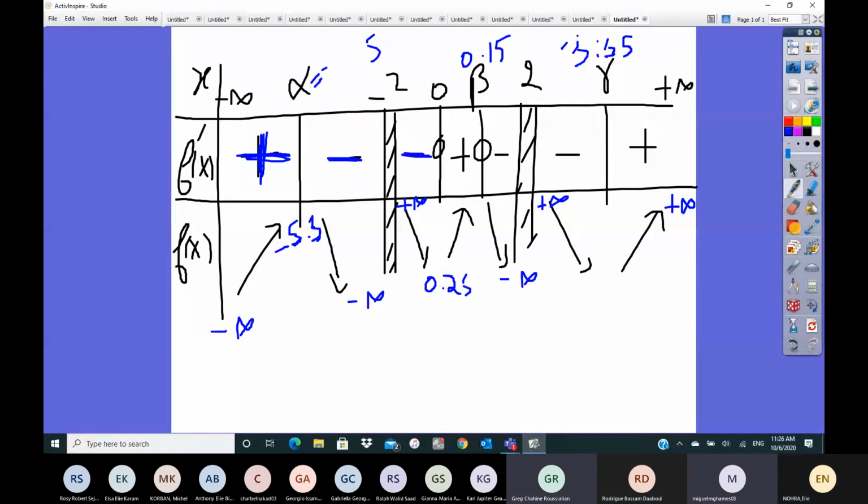Sir, so you replaced, for example, 3.5 in f of x, 100%. Okay, 0.259, and then at gamma it's approximately 5.